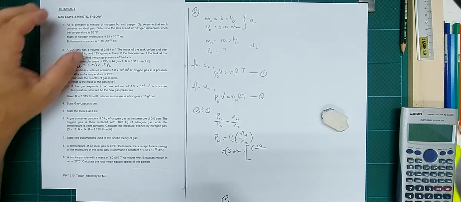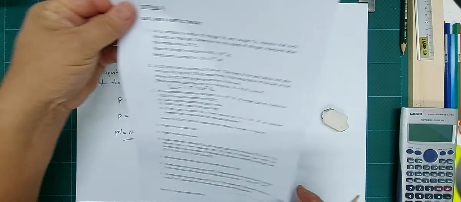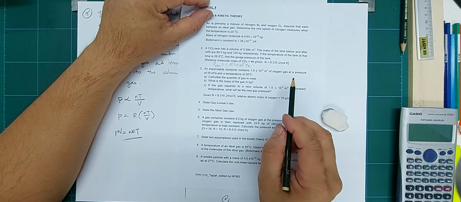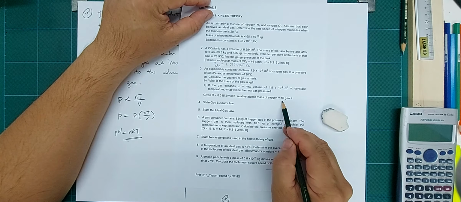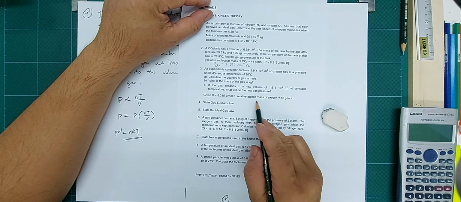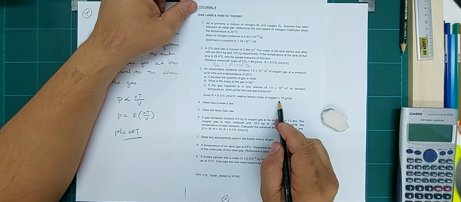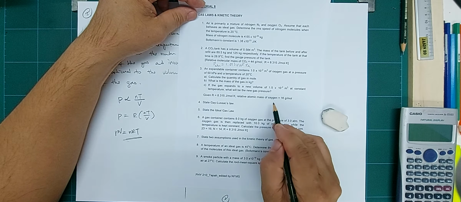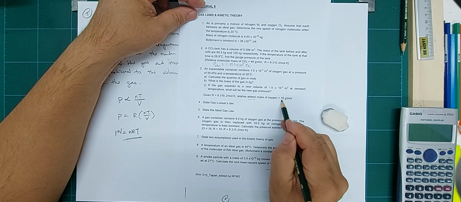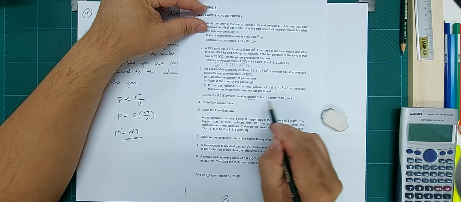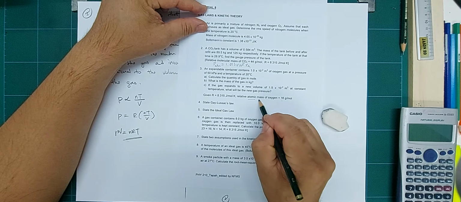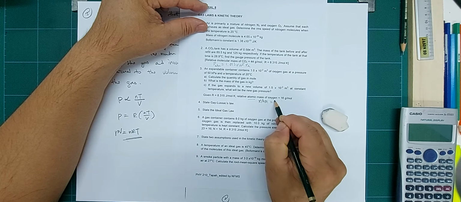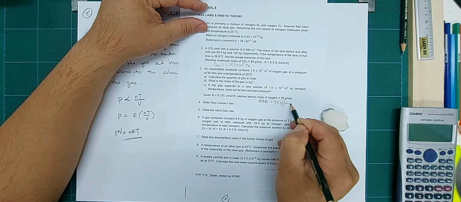Wait, I'm not very sure here. Let me check first. Oxygen 16. This is a relative atomic mass. Sorry, I think I have made some mistake already. This is atomic mass. So for a molecule it should be 32. If this is a relative molecular mass, then it should be 32 gram per mole.